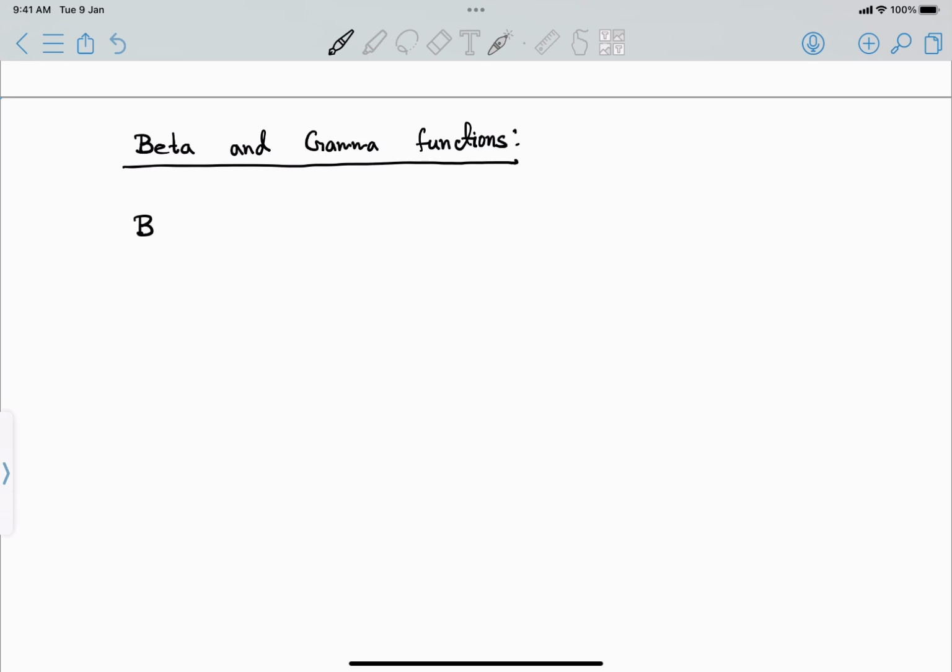So this is the beta function. We denote it by beta of p, q. This is the integration from 0 to 1 of v to the power p minus 1 times 1 minus v to the power q minus 1 dv, for p, q bigger than 0.